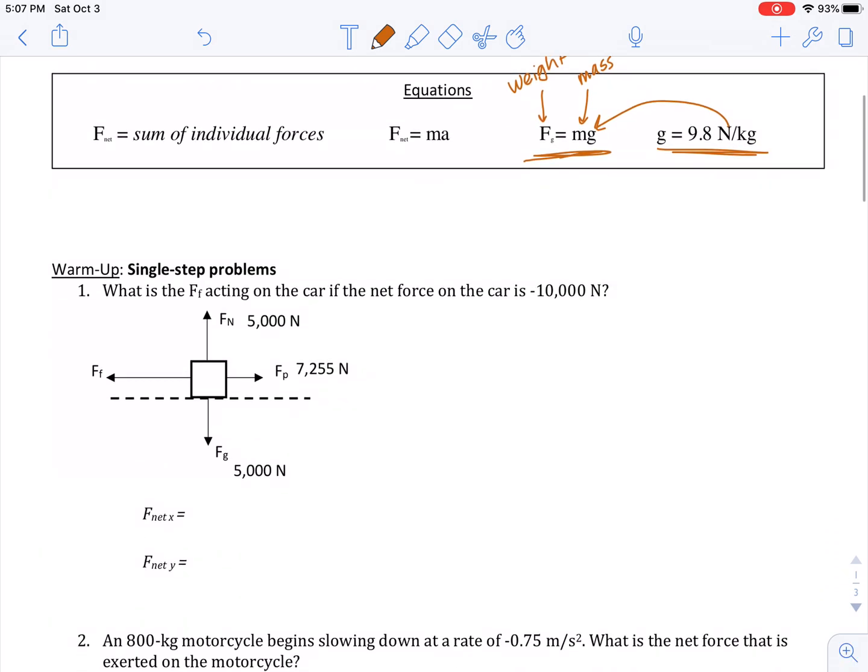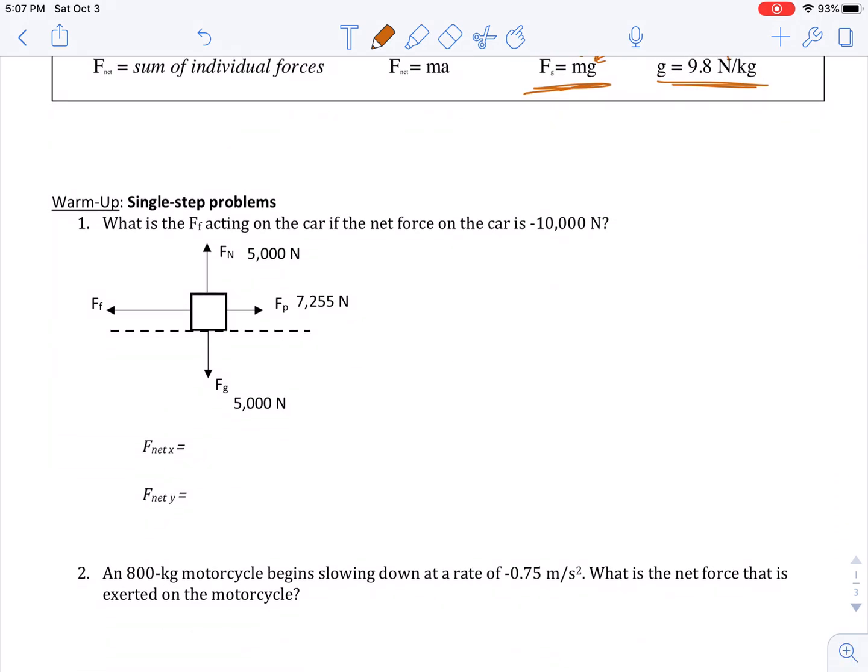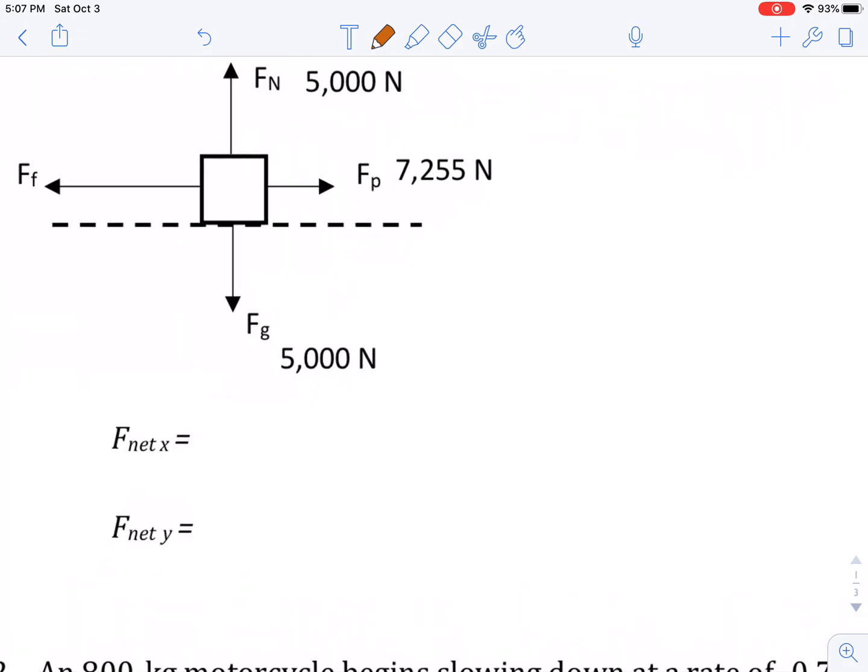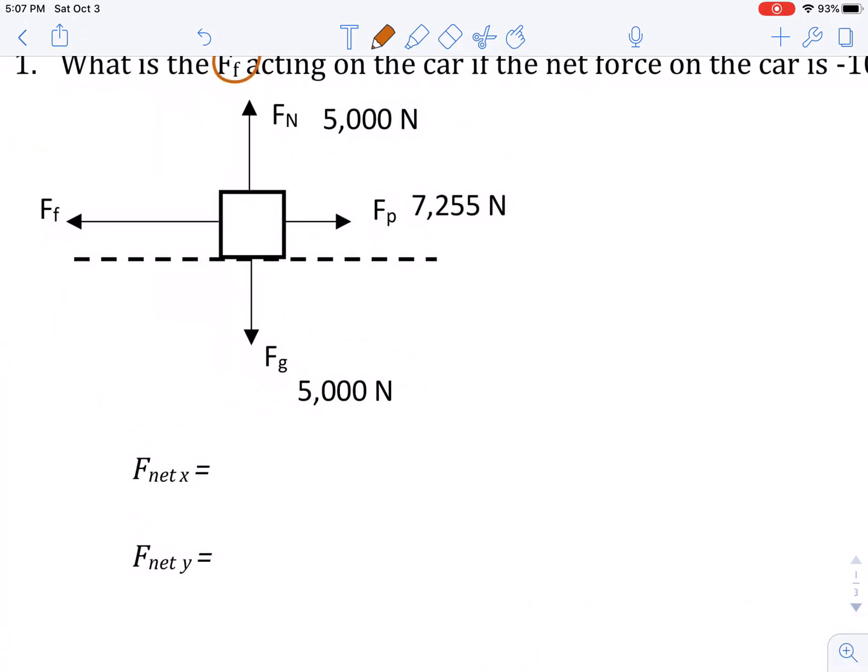First is a single step problem, a typical one where we're solving for one force. I'm going to first write my F net equations for this FBD. Rightward forces, so F pull, minus leftward forces, force of friction. These are not equal to 0.